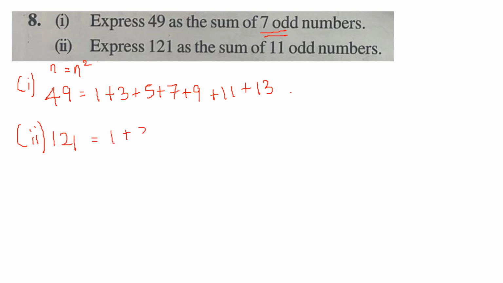So 1 plus 3 plus 5 plus 7 plus 9 plus 11 plus 13 plus 15 plus 17 plus 19 plus 21. Okay, so it is the sum of the first 11 odd numbers.